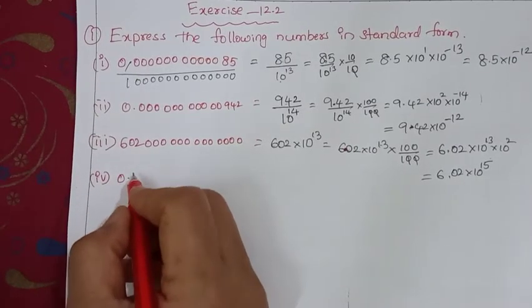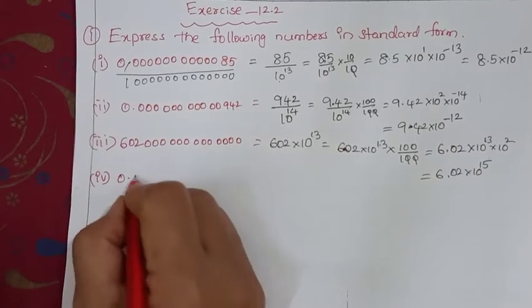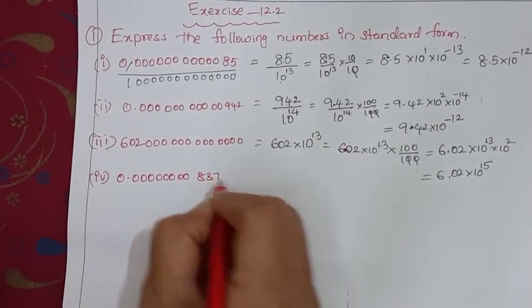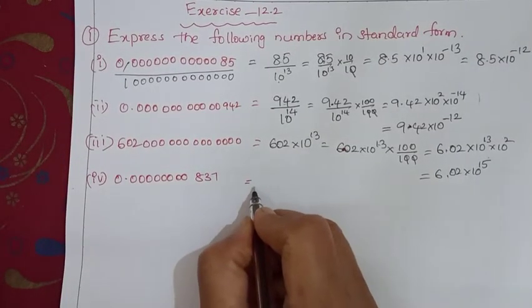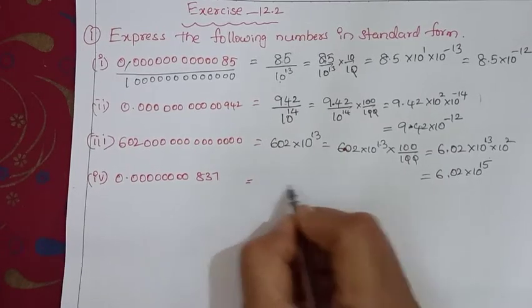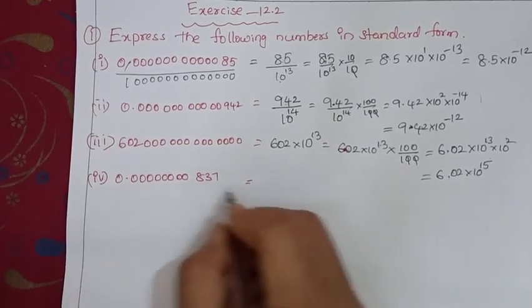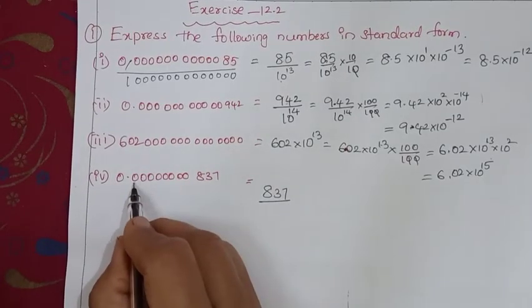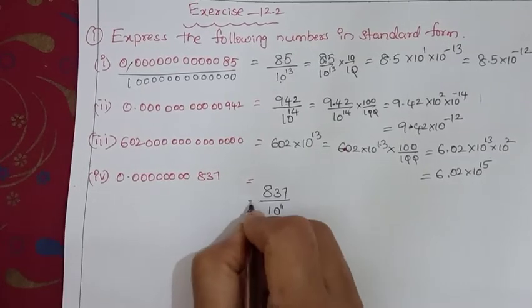Yes. Next question. Fourth one. 0 point, 8 zeros, 837. Okay, shortest form, how can I write? I just take one step down because you'll get confused here. So 837 by these zeros, 11. 10 to the power of 11.